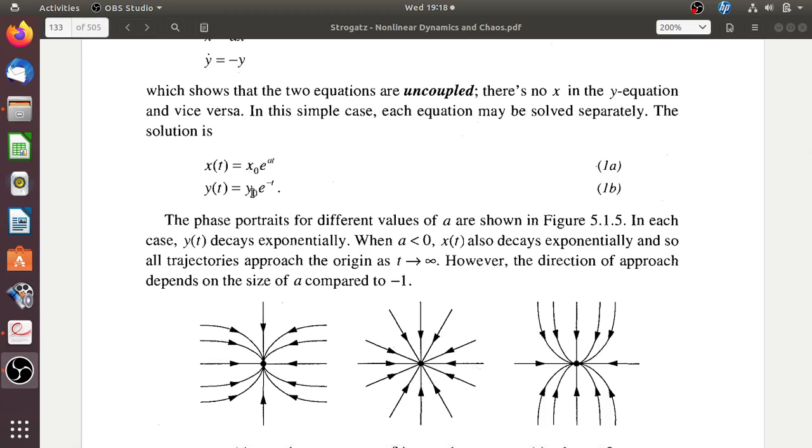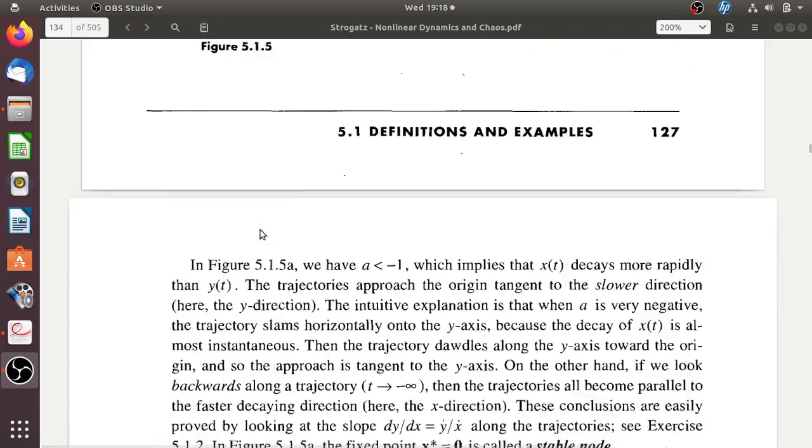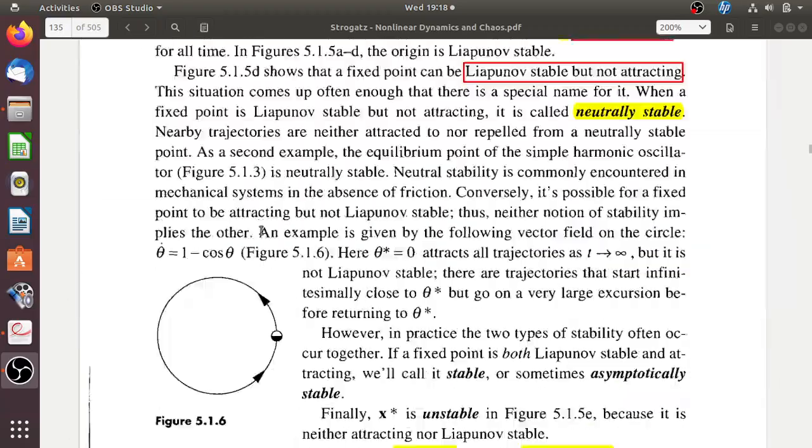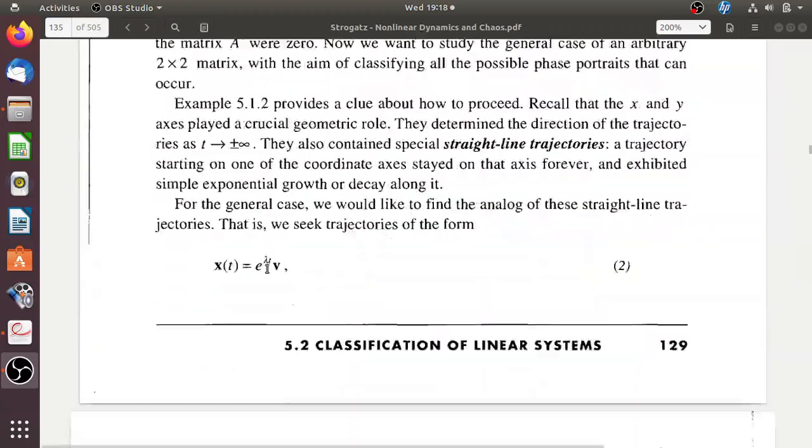With that consideration we'll see how to proceed to deal with coupled problems. So I could write x of t equal to e to the power of lambda t into v, where v is that special initial condition which has a straight line trajectory.